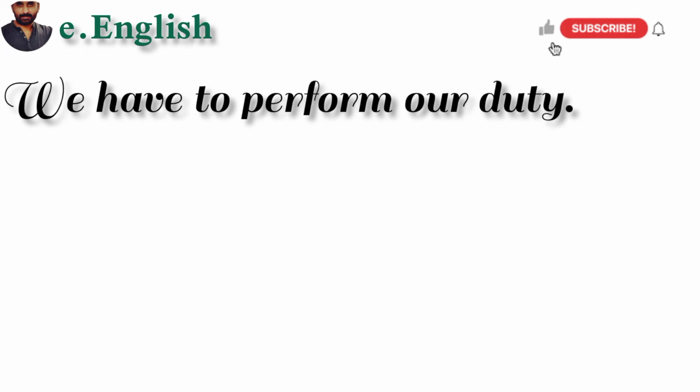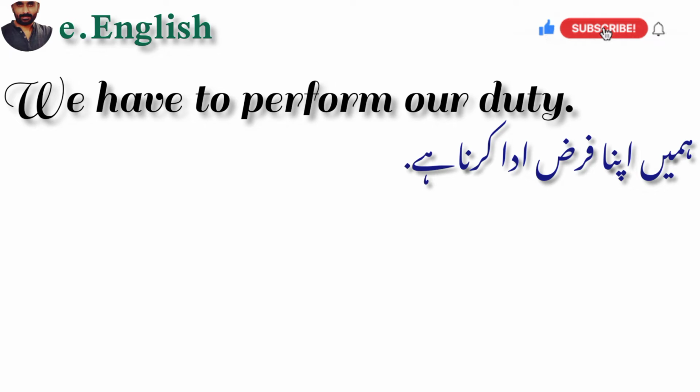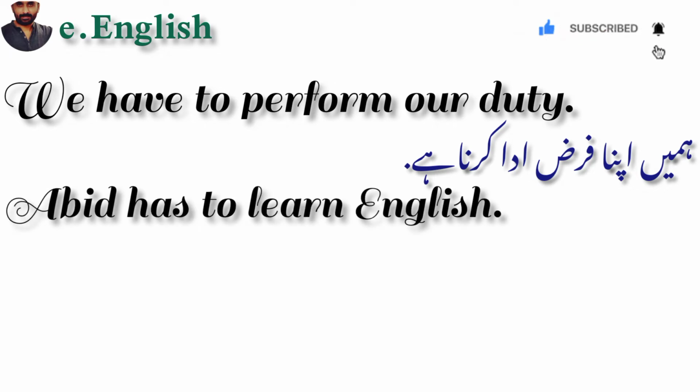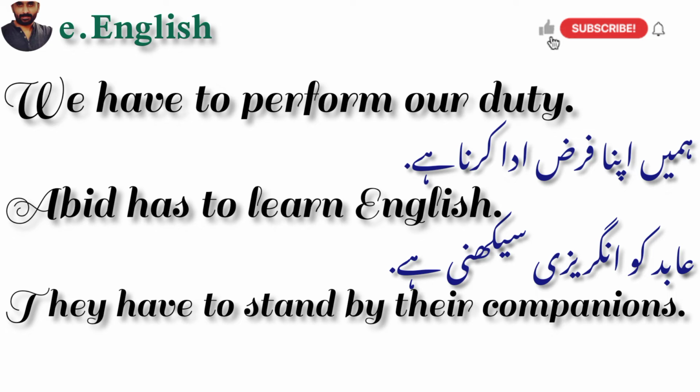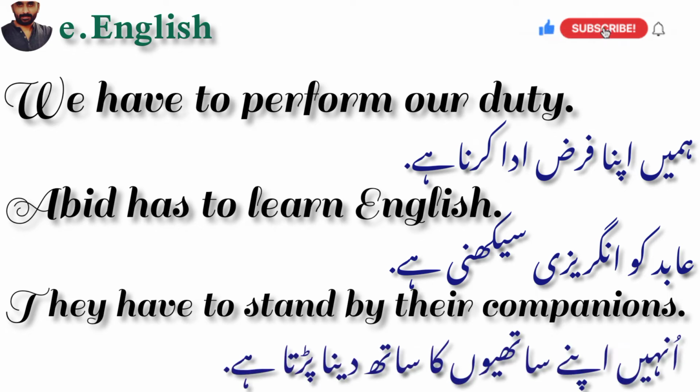We have to perform a duty. हमें अपना फ़र्ज़ अदा करना है. आबिद has to learn English. आबिद को अंग्रेज़ी सीखनी है. They have to stand by their companions. उन्हें अपने साथियों का साथ देना पड़ता है.